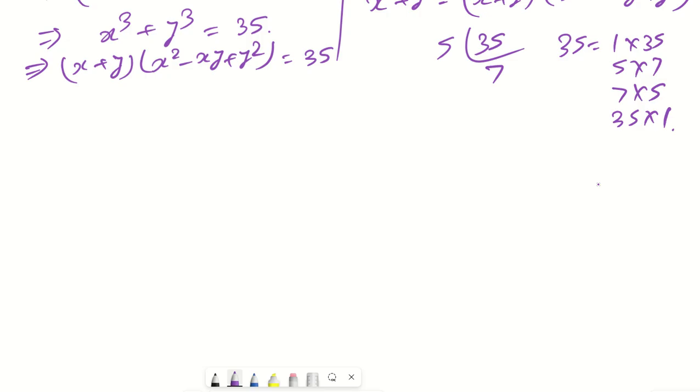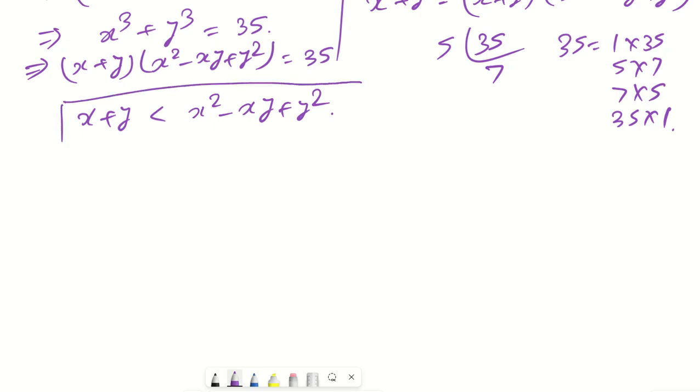Now you know already that x plus y will always be less than x square minus xy plus y square. So by using this property, you can have only two choices. x plus y can be either 5 or it can be 1. Okay.